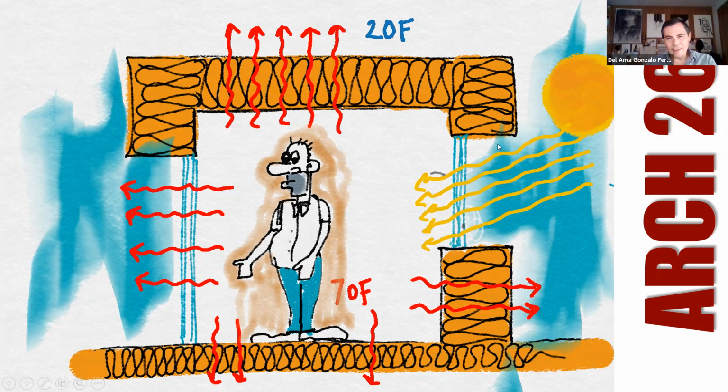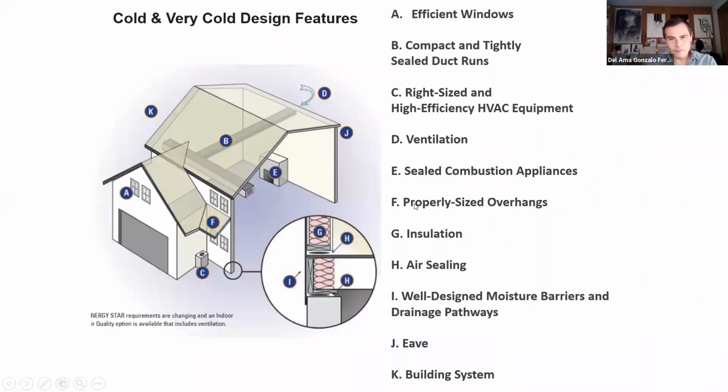By designing overhangs and eaves, we can cast shade on our windows in summer. This is what we need, and this is architectural design. We don't depend on a mechanical engineer. We have to design the right windows.